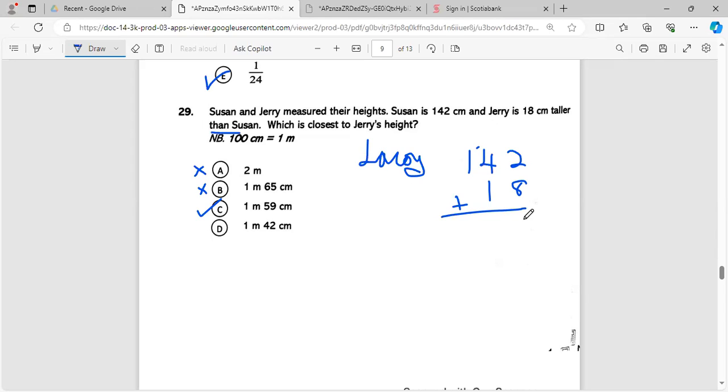So 160 converted to meters, dividing by 100. Everyone agree with this solution? Yes, sir. I agree also because if you look at it, this is 5, right? You'd have to add an extra 5 while this is just 1. So I will go for the one that says 1. The difference is 1 instead of the 5.